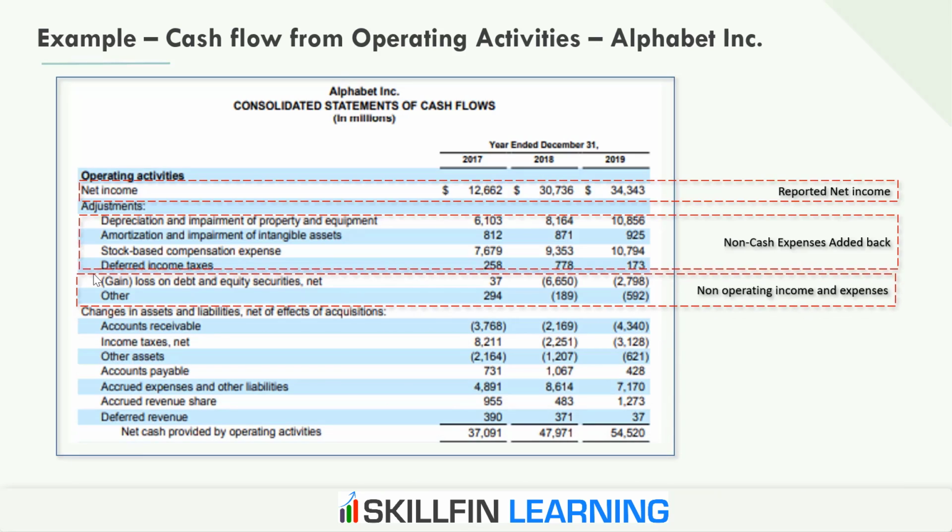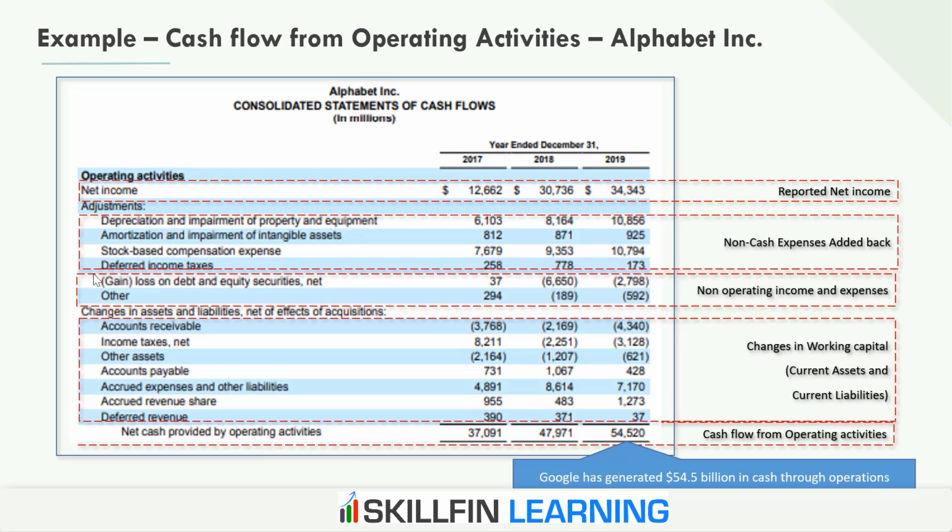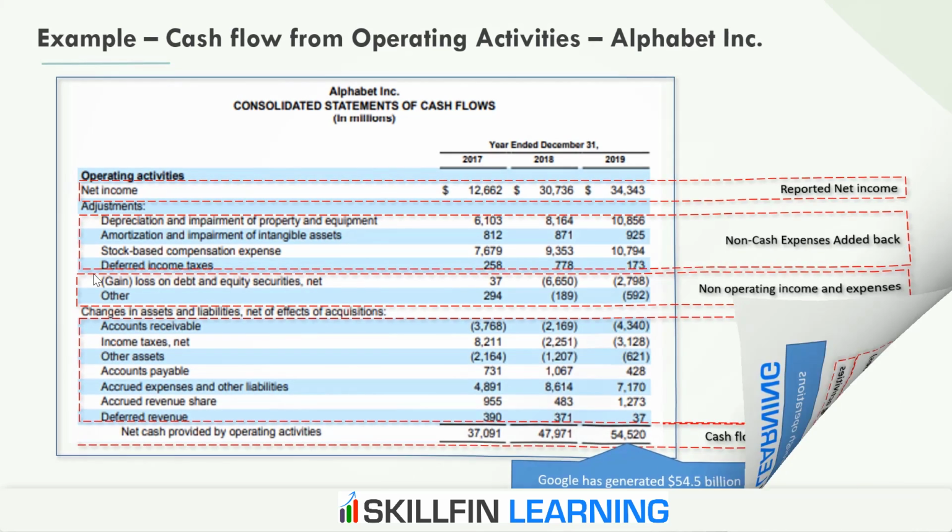Then we have adjustment for non-operating income and expenses. And subsequently, we have the changes in working capital. Making all these adjustments results in cash flow from operating activities. So this statement shows that Google has reported a cash flow from operating activities of 54.5 billion during 2019.